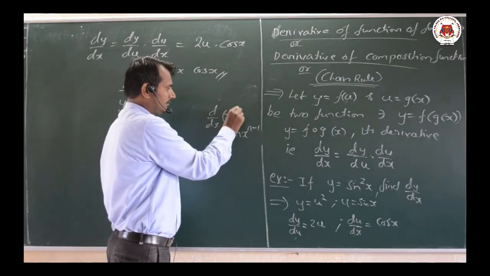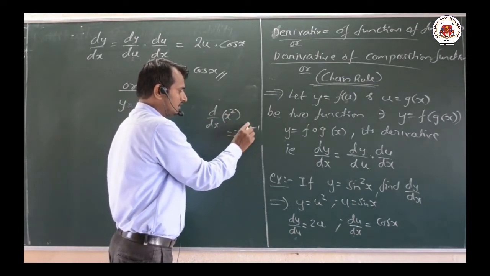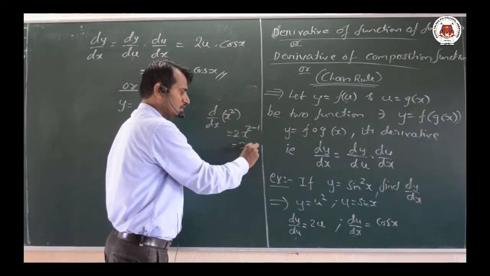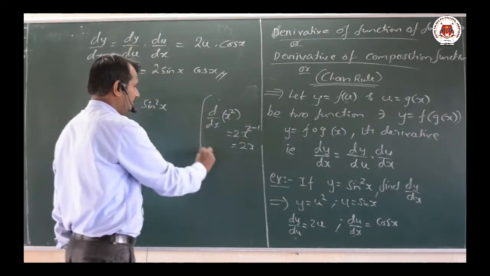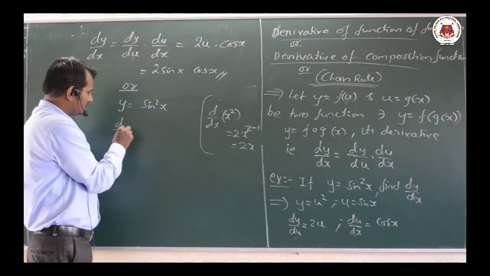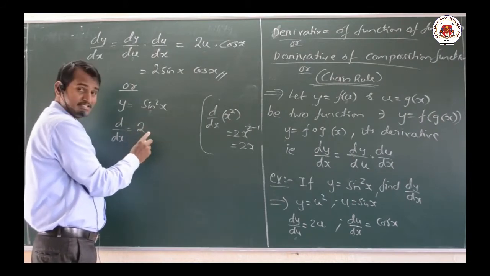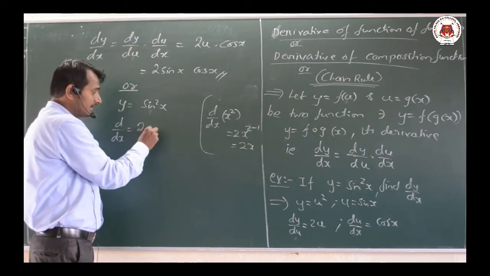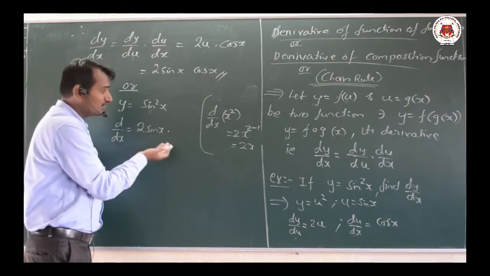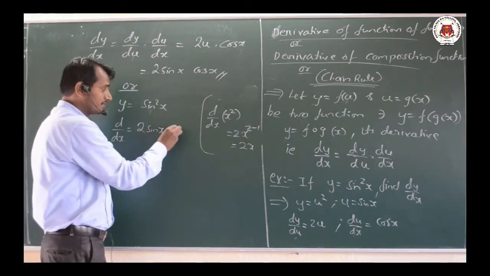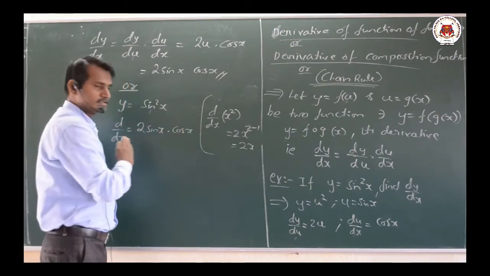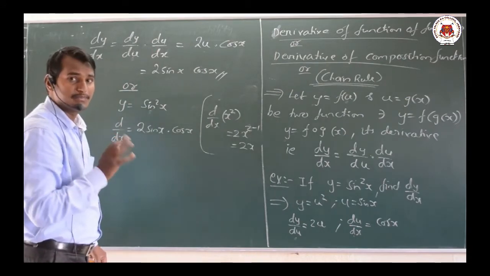If it is x square, we have 2 into x raised to 2 minus 1, that is 2x only. Now treat it as x square: dy by dx equals 2x, where x is sin x, and further differentiation of sin x becomes cos x. Finished. Very simple thing.